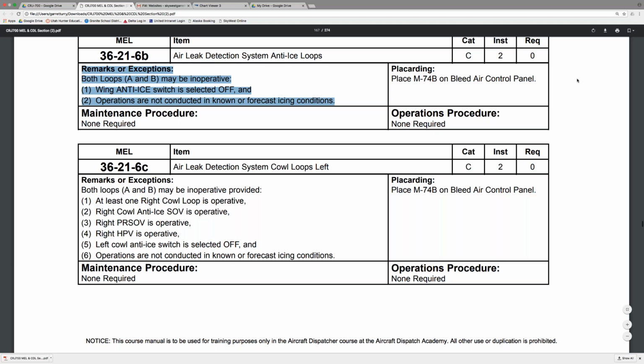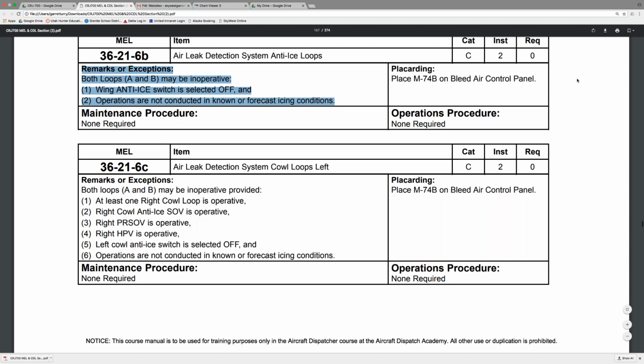And then what are the common restrictions with the air conditioning pack, the bleed air system, and the weather radar. Those are the ones we want you to know right now. So go into this MEL list and look up each one of those.